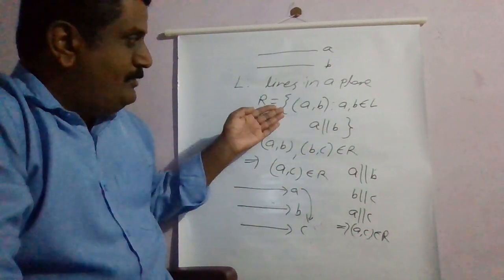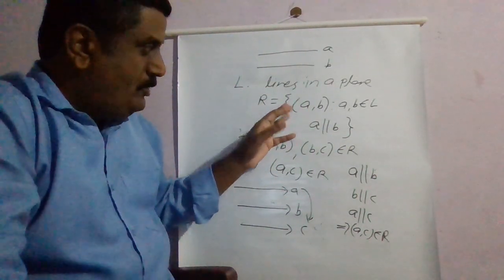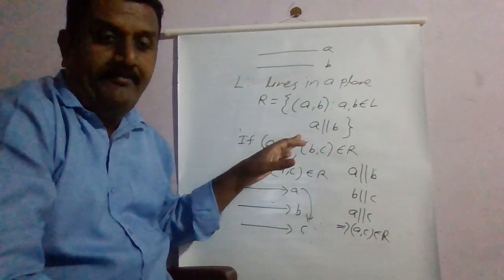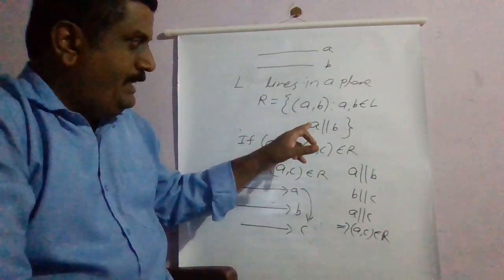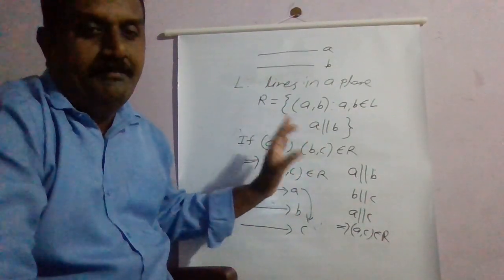First we have to check whether this relation is reflexive. We know that every line is parallel to itself, so it is reflexive. Then if a line A is parallel to B, then clearly B is parallel to A, so it is symmetric.